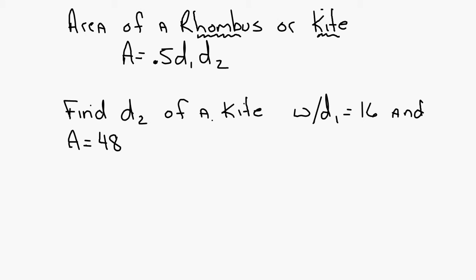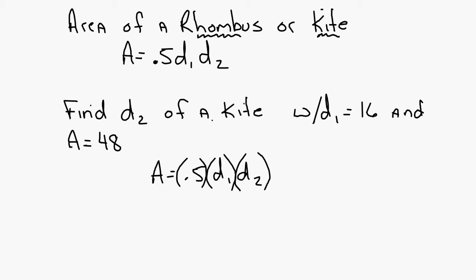So just get in the habit of writing the formula every time: area equals 0.5 times D1 times D2. And you may find it helpful to put it in parentheses, especially when you start to substitute.